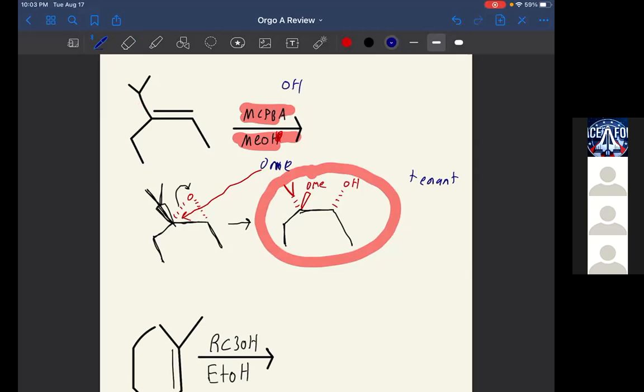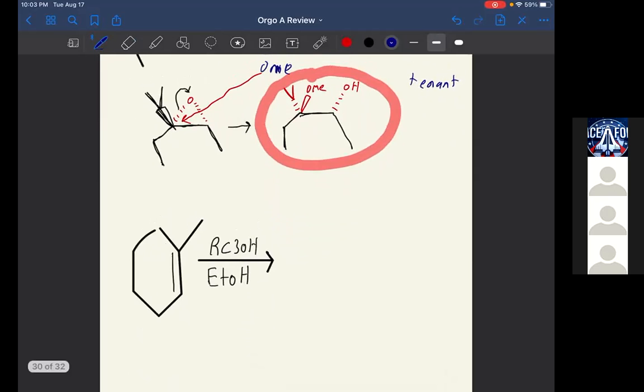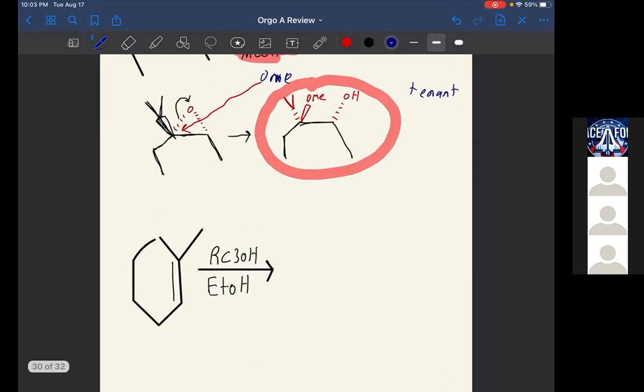And since it's not a syn addition, it's an anti-addition, it has an enantiomer, meaning the opposite stereochemistry is also formed. So yeah, kind of complex, but if you need any help, let me know.